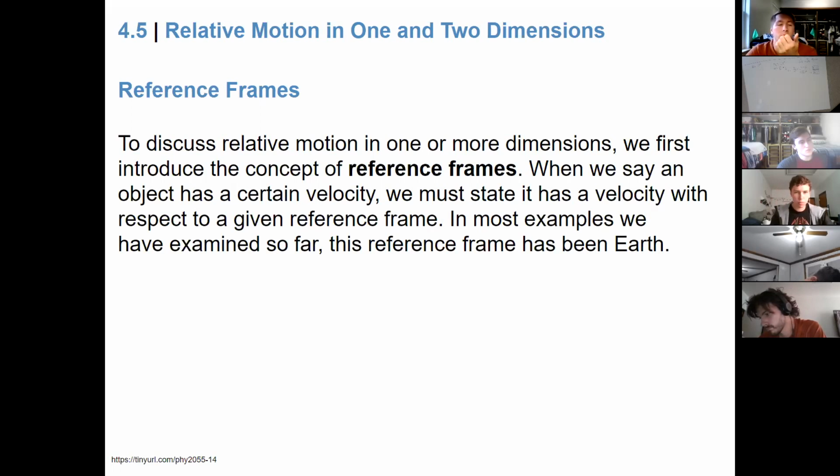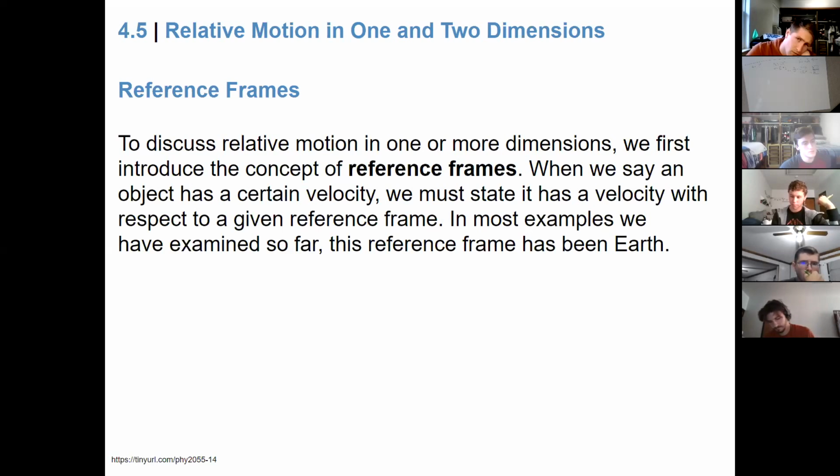That's our frame of reference, where you define your origin and then use it to define relative positions, etc. Typically, in most examples so far, the frame of reference has been the Earth, and we choose our origin arbitrarily.